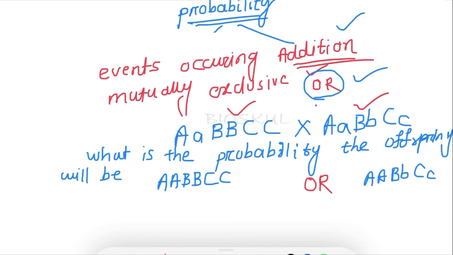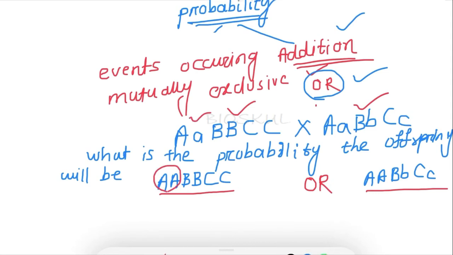We cross these two parents. What is the probability that this or that offspring will be obtained? Like either this or that one. If the situation is like this, then this problem is going to be solved by applying the addition rule of genetics. So let's solve this one.